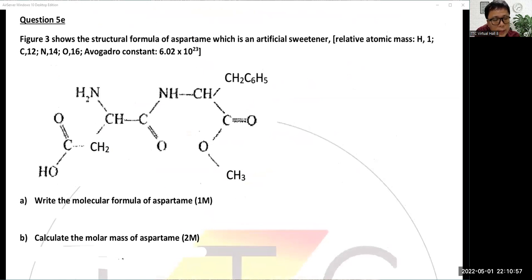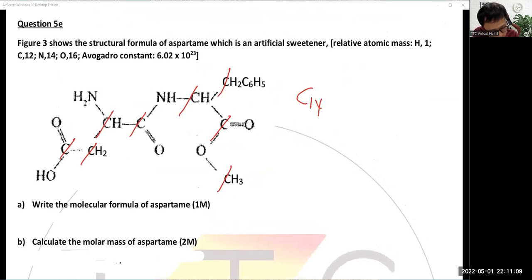Same thing, this one, you have to calculate how many C, how many H. So 1, 2, 3, 4, 5, 6, 7, 8. So C14. H 2, 4, 6, 7, 8, 8, 10. So 18.